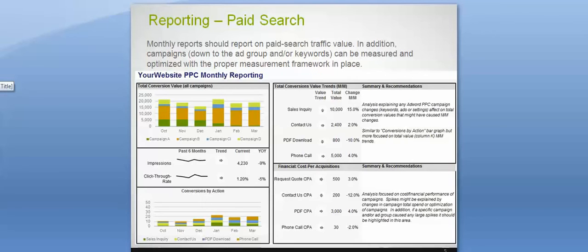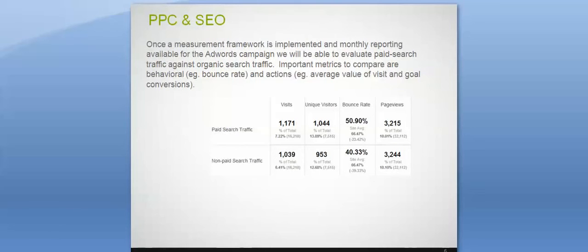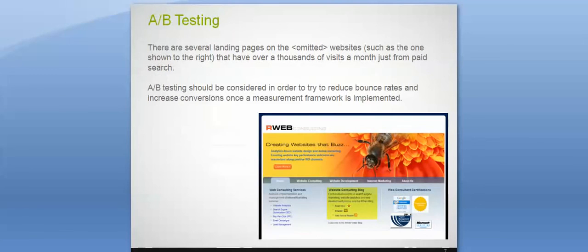So that kind of brings us to the end of the bulk of today's video blog. Next blog, I'll talk about how to measure the channel's value to paid search traffic once you've implemented this measurement framework. And more importantly, the focus of the next video blog will be about optimization.